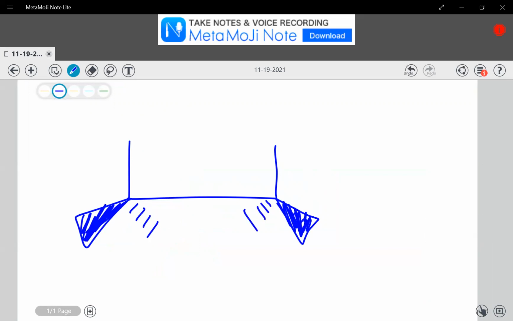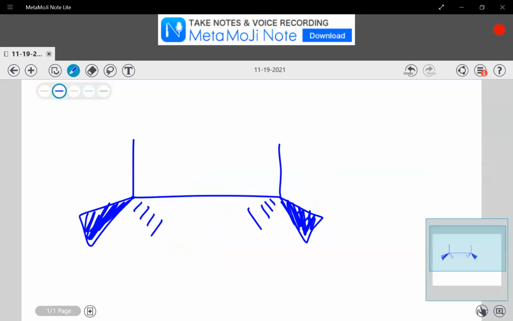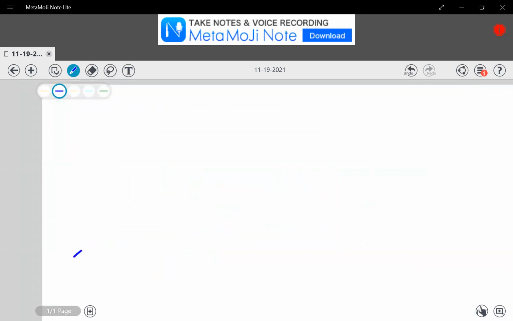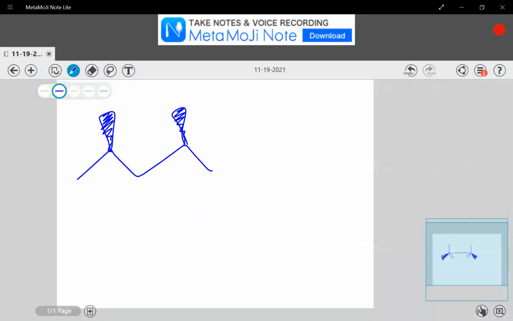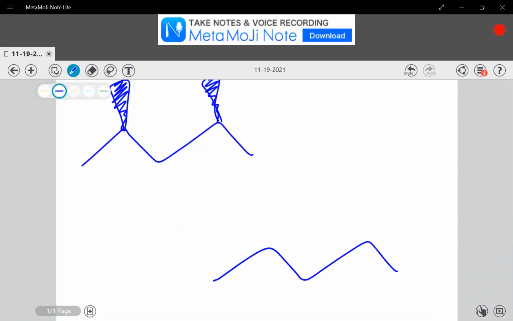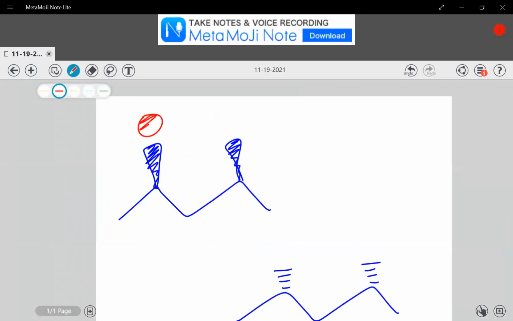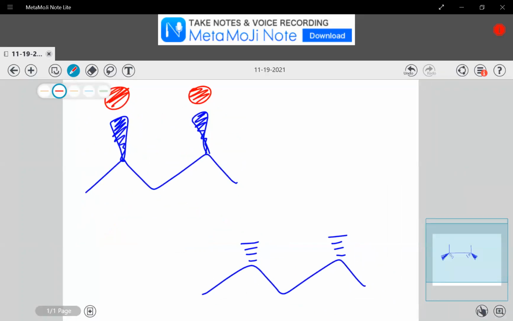Two molecules here, and they've both got some red attached to them.